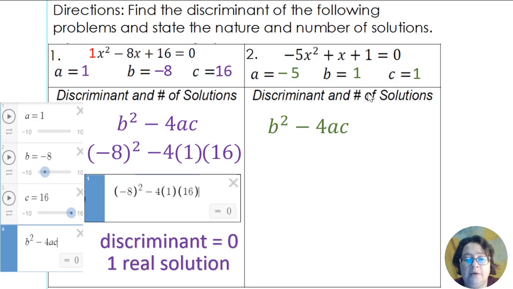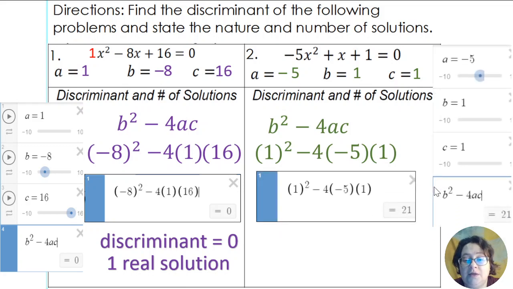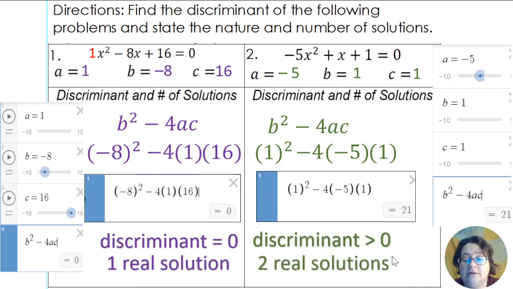I plug in my numbers, 1 for b, 1 squared, minus 4, a, negative 5, c, 1. I plug that into Desmos, either as I see it or with a equals, b equals, c equals, and then b squared minus 4ac, and either way, I get 21. 21 is greater than 0, which means I have 2 real solutions.